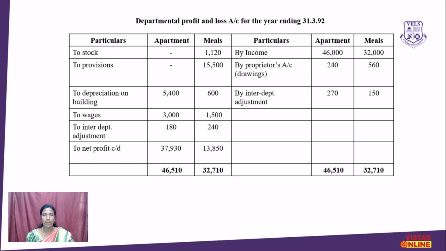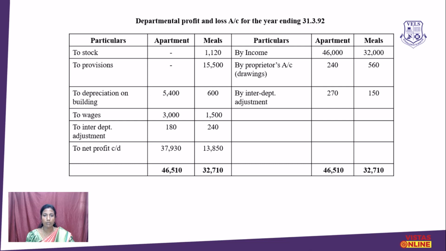On the credit side, by income, 46,000 in apartment, 32,000 in meals. By proprietor's account, drawings: drawings means some value you have used for personal purposes. The proprietor's drawing is 240 in apartment, 560 in meals. By inter-department adjustment, 270 in apartment, 150 in meals.